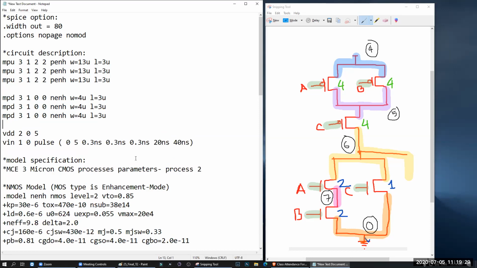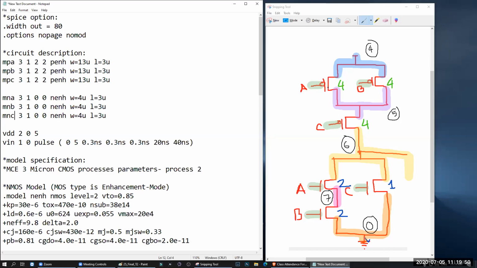Understand, everyone? At first, I'm going to write MPA, MPB, MPC. Next one, I want to write MNA, MNB, MNC.